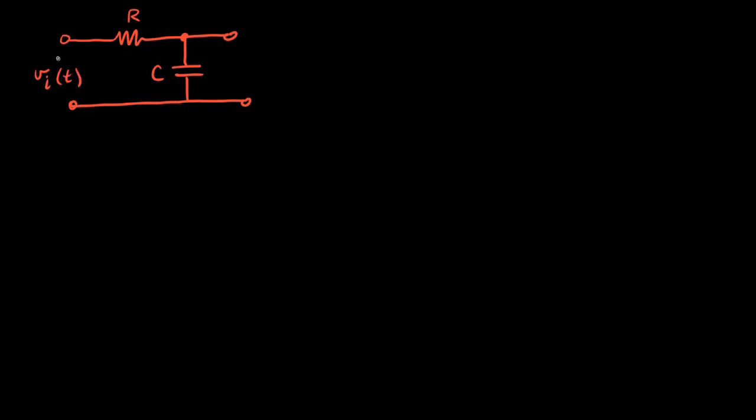Well, let's go back and look at our simple RC low-pass filter circuit. If you recall, the filter looked something like a resistor and a capacitor, and this is what we called our two-port network. So we had the resistor R, we had a capacitor C, and we talked about an input voltage over here and an output voltage over here.